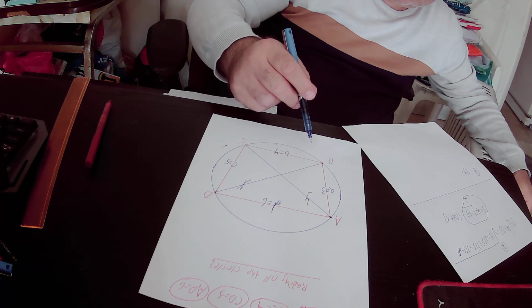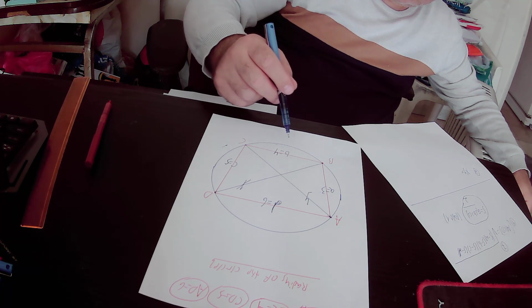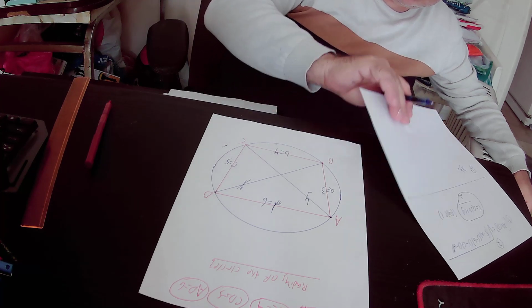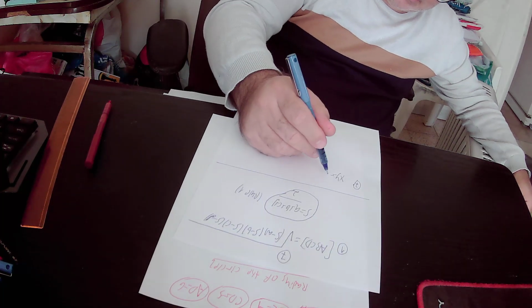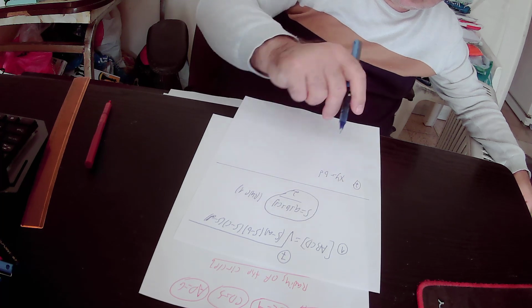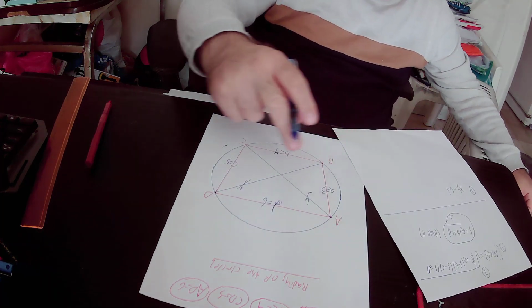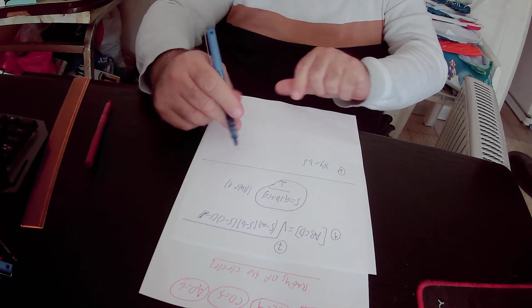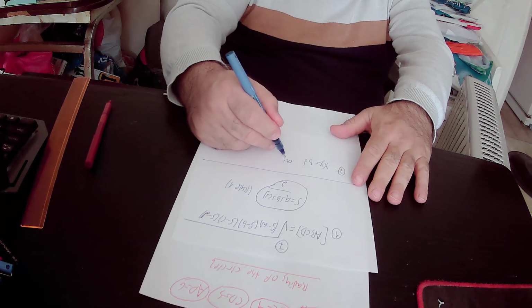The first product of its opposite sides is B times D, and the second product is A times C.